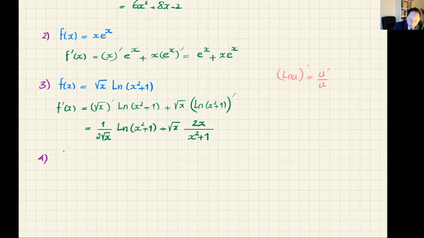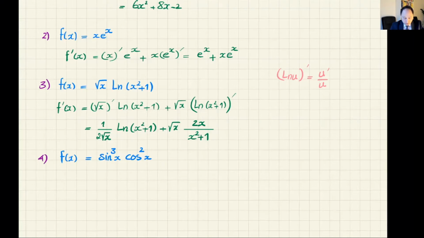So let me write, for example, f of x is sine to the power of 3 of x squared plus 1, and then I will have plus, let me write it in this way, sine to the power of 3x multiplied by cosine to the power of 2x.